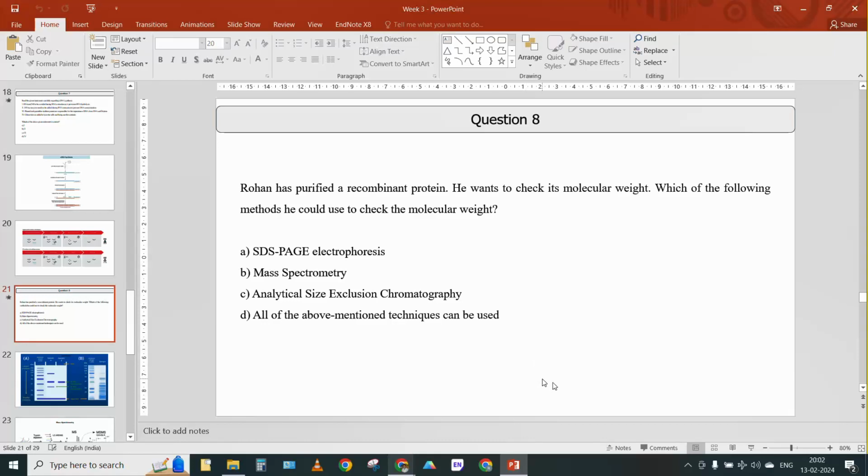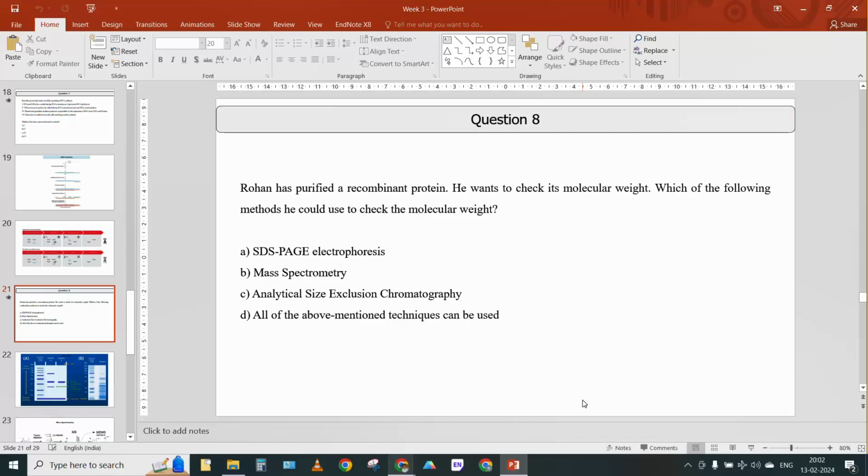Why option D? Okay, so in SDS-PAGE, we know that the sodium dodecyl sulfate will give the negative charge to every protein, and the PAGE will decide how the migration of proteins will happen on it. The migration is actually related to the molecular weight. And mass spectrometry, we already know, is the mass to charge ratio.